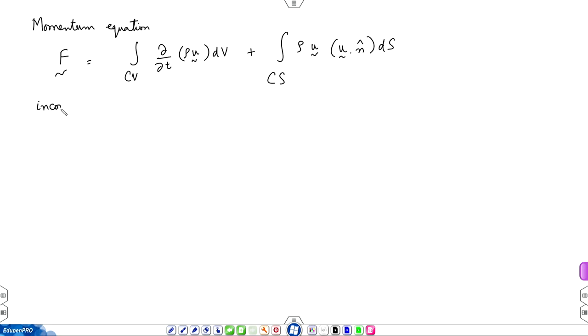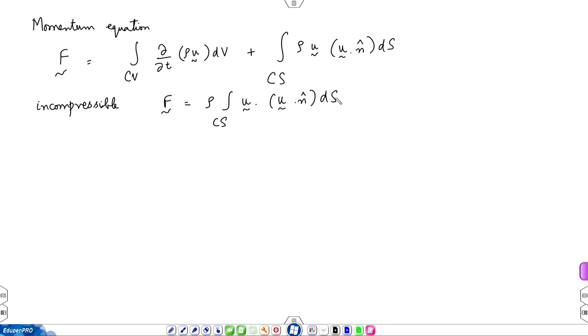The incompressible steady version will not have the first term on the right hand side, the time derivative being 0, and the incompressible form where rho is constant is given by F equal to rho times the integral over CS of u u dot n ds. So, now you can have two approaches.